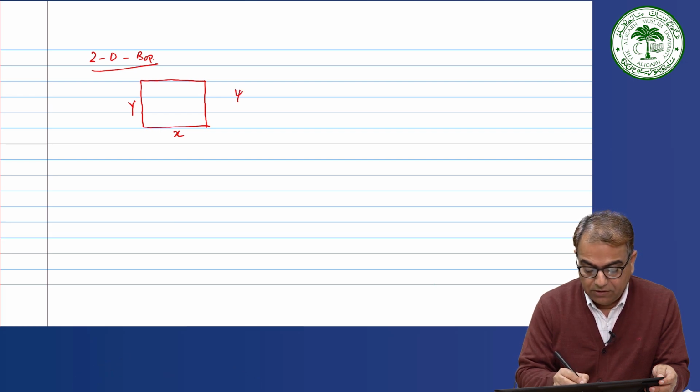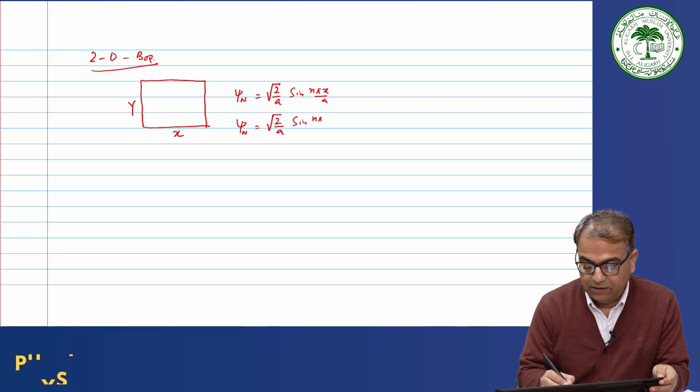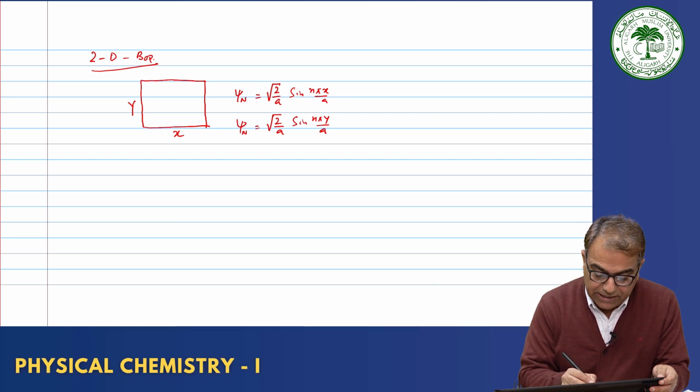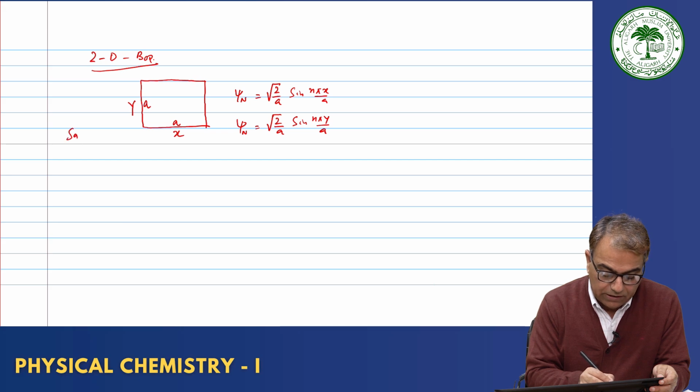for psi n. One will be root 2 by a sin n pi x upon a, and another will be root 2 by a sin n pi y upon a. What I have taken is a here also and a here also, so it is a square plane.